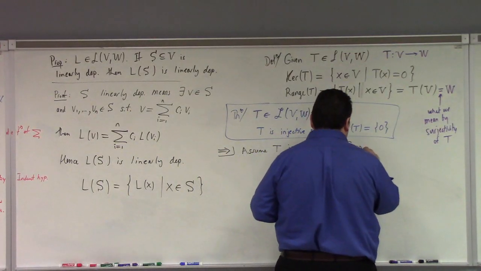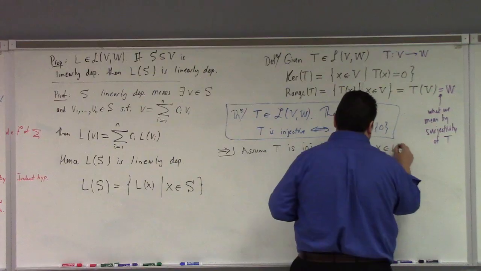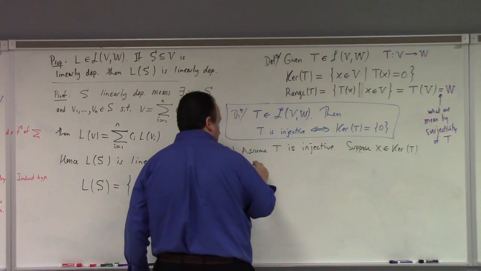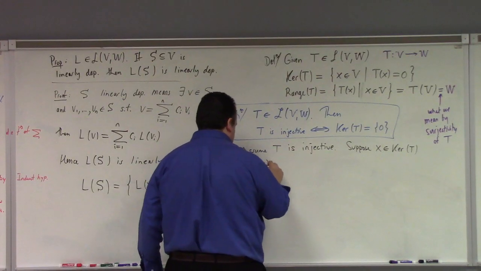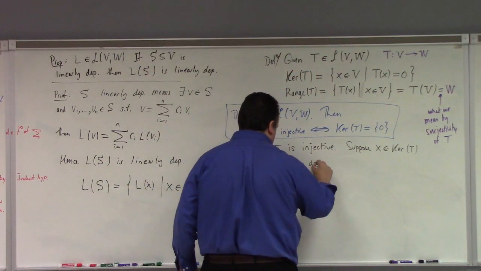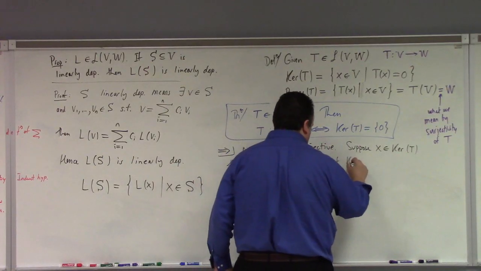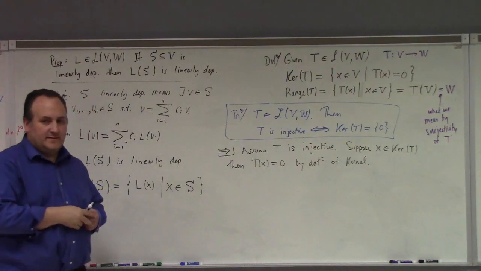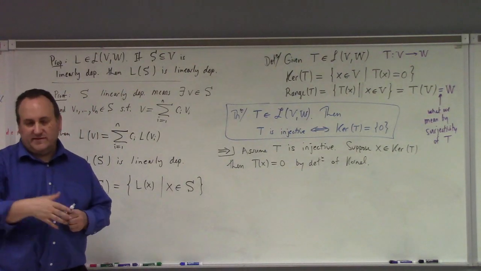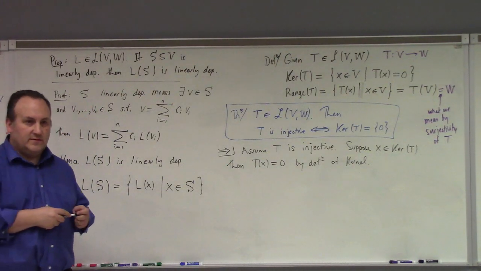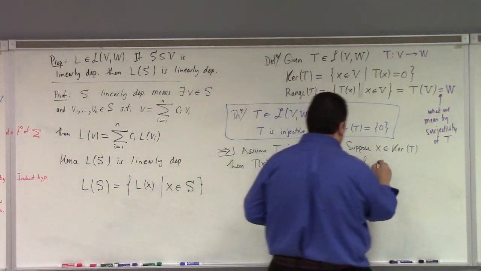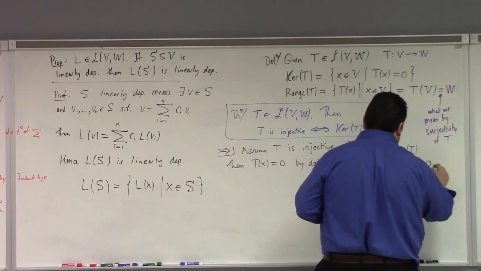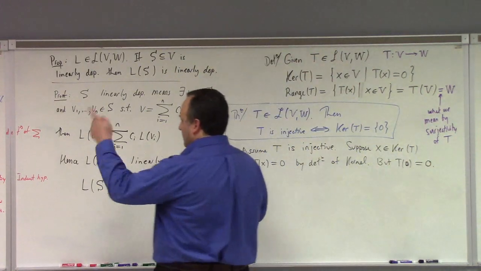Suppose x is an element of the kernel of T. Then T of x is equal to 0 by definition of kernel. But what else do we know? You guys gave me 2 different ways to prove it today. T is a linear map, right? T of 0 is equal to 0 by previous proposition.